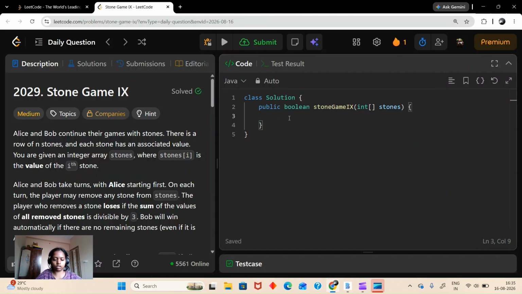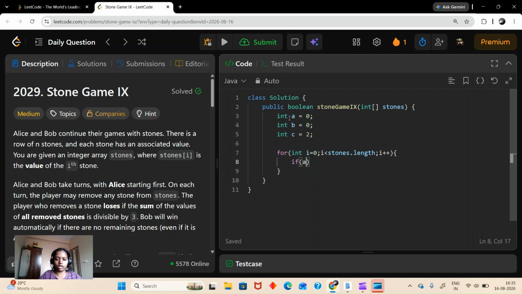First we have to count the number of zeros. So what we will do is int a, let's say this is the count for 0, b for 1, c for 2. For int i equal to 0, i less than stones.length, i plus plus. Before that we'll find the mod.